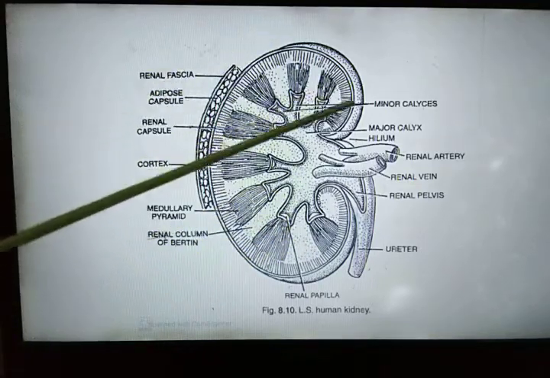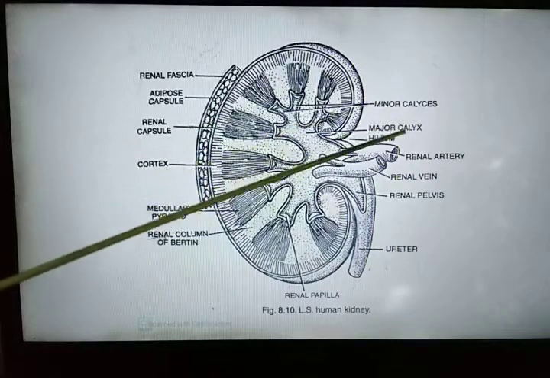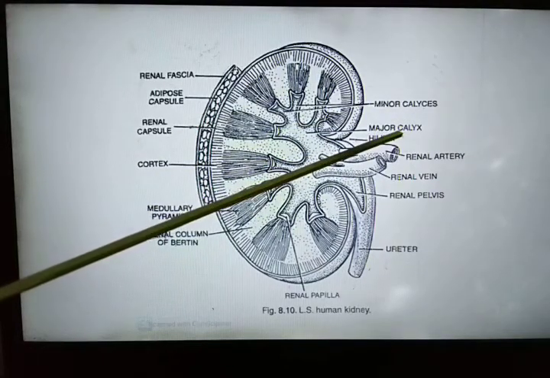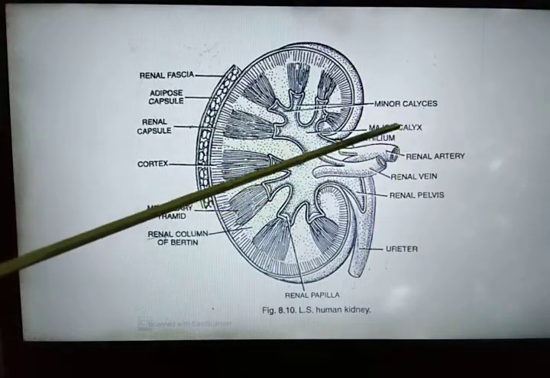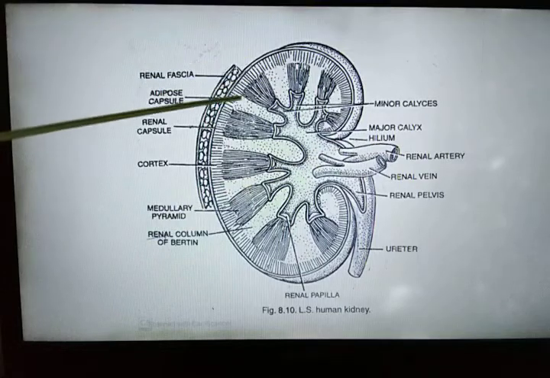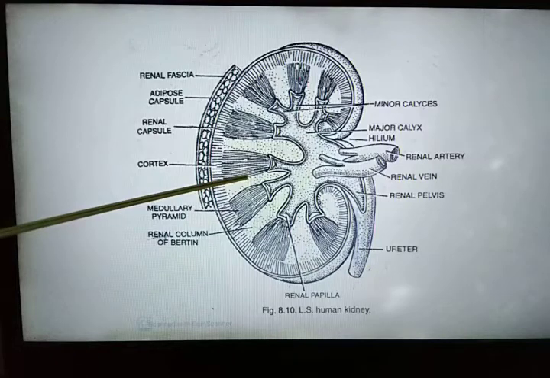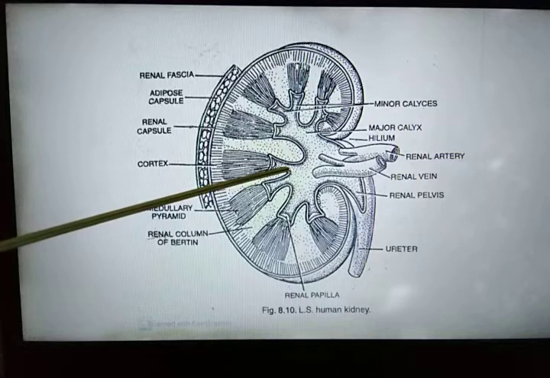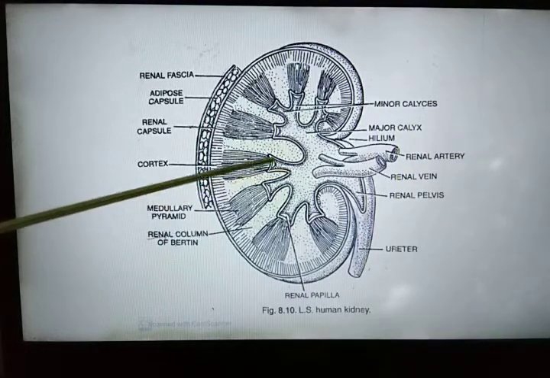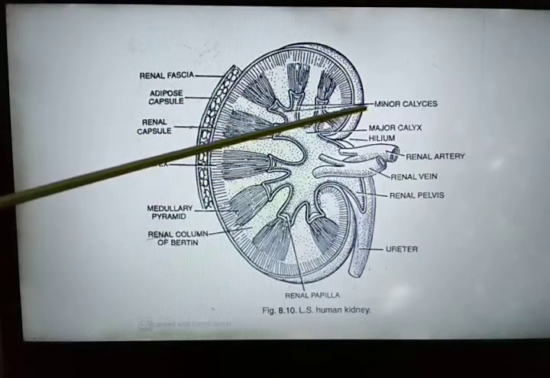You have studied in NCERT only about the calyx. Calyx are further of two types, minor calyces and major calyces. Each medullary pyramid is connected with a minor calyx, so if 15 to 17 renal pyramids are there, then 15 to 17 minor calyces would be there.